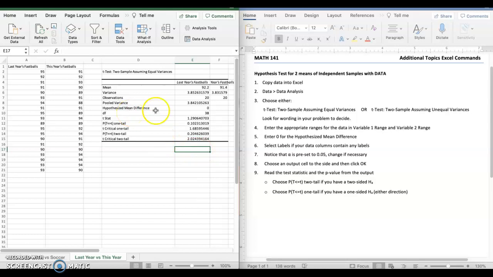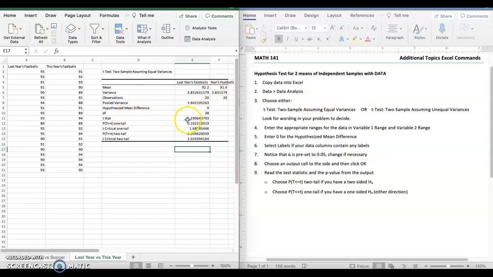Okay, so remember what we really want here. And notice, we can go back and check. The average of the first sample was 92.2 miles per hour, and the average of the second sample was 91.4. So for these samples, the average speed did go down, but not by very much, and the variances are actually almost the same. So that was definitely the correct option, saying that these have equal variances.